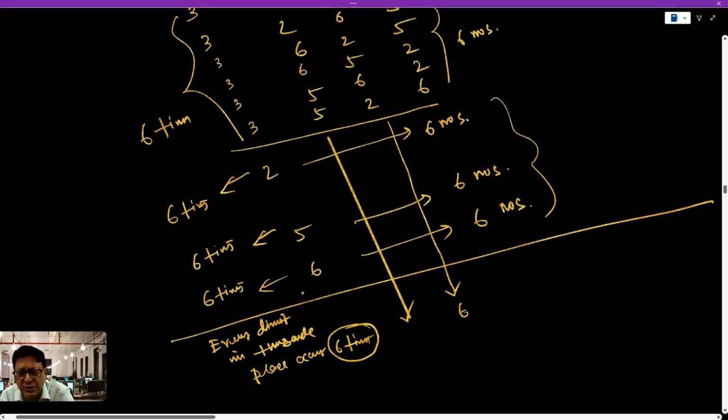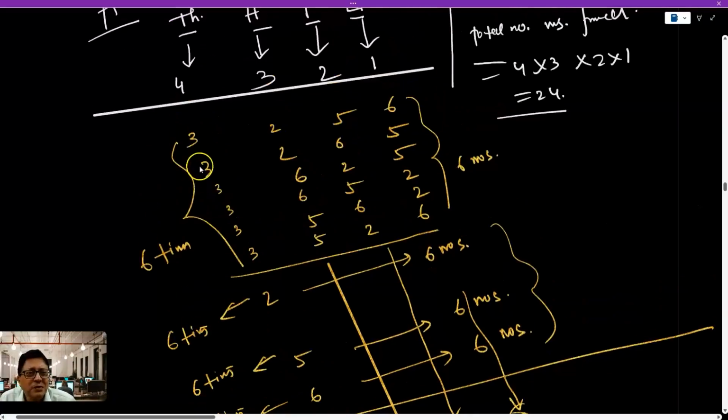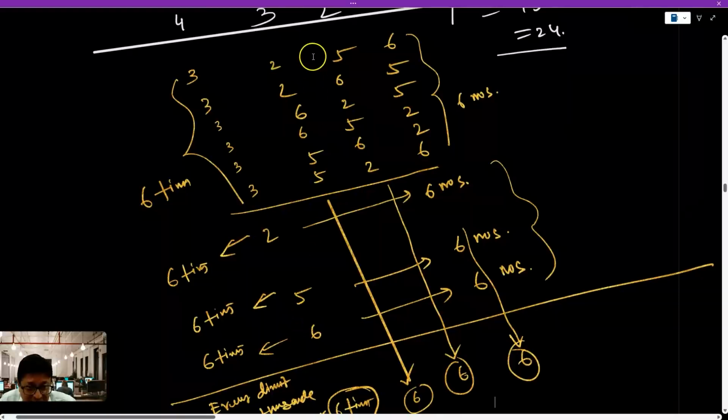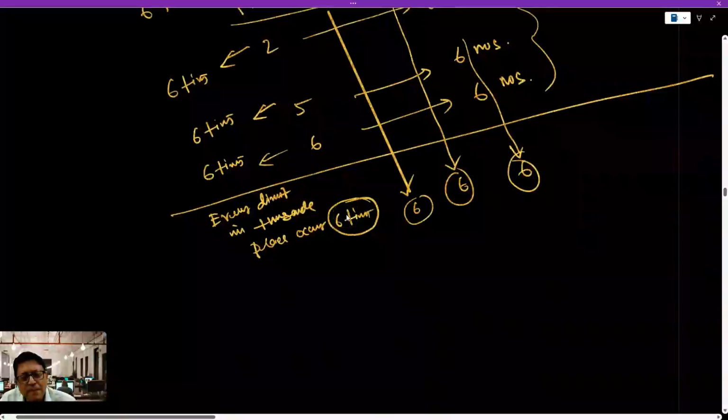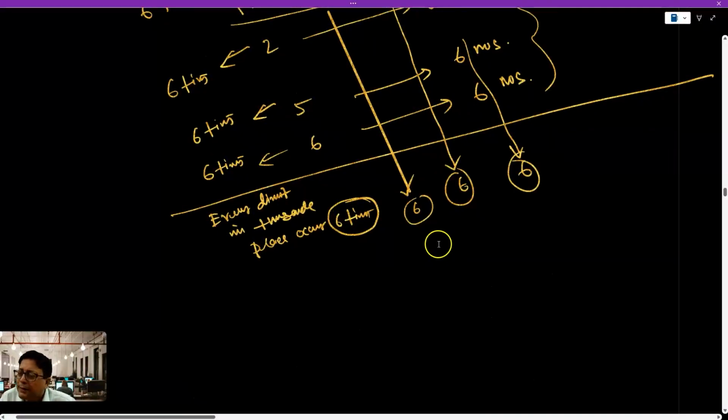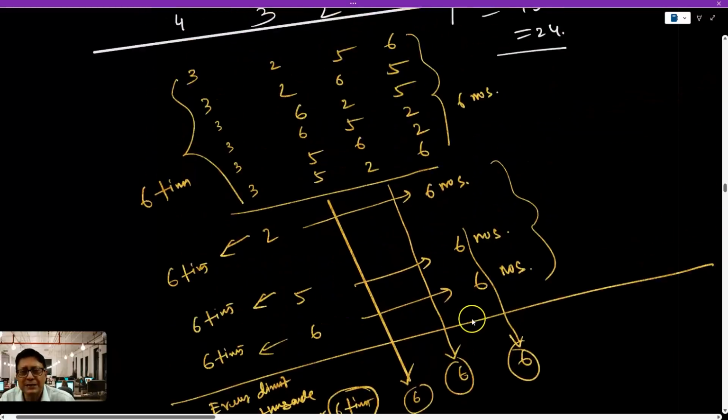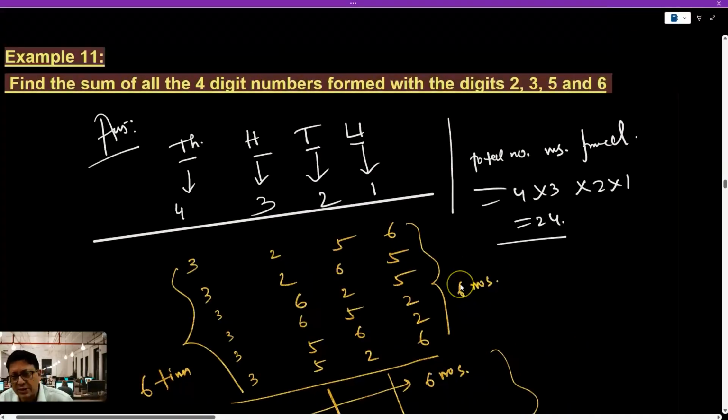The digits are jumbled up in the pattern because we started with 3 or 2 or 5 or 6, but although they are jumbled up, they come the same number of times. So every digit occurs at every place 6 times. That is sure.